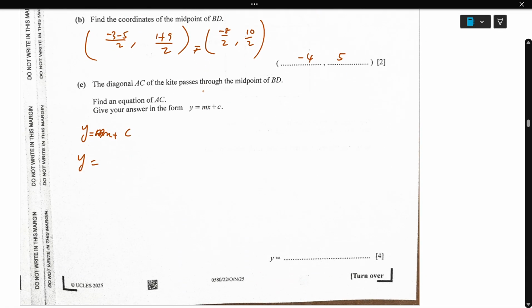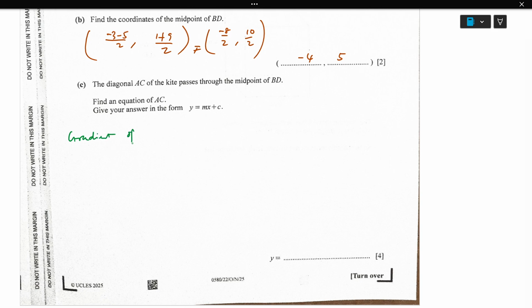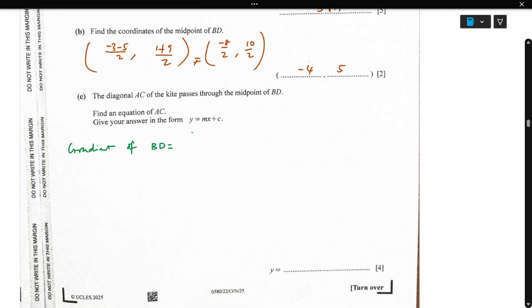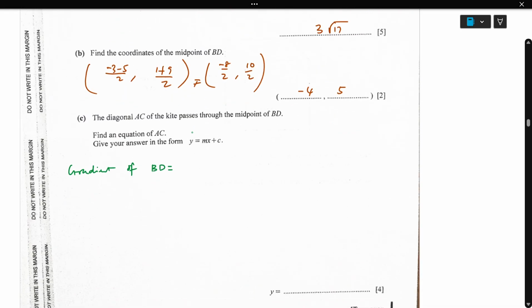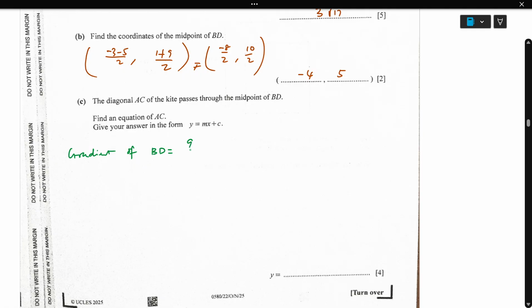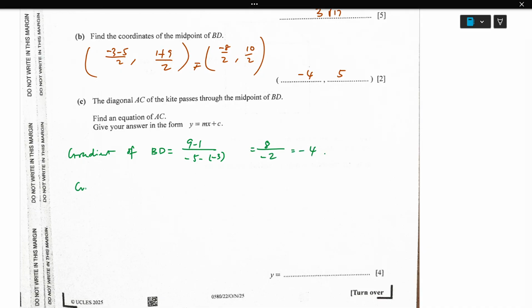The gradient is change of y over change of x. Change of y is 9 minus 1, over change of x, minus 5 minus of minus 3, which is 8 over minus 2, which is equal to minus 4.